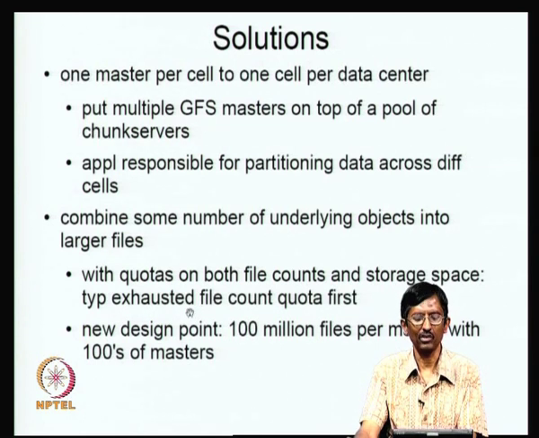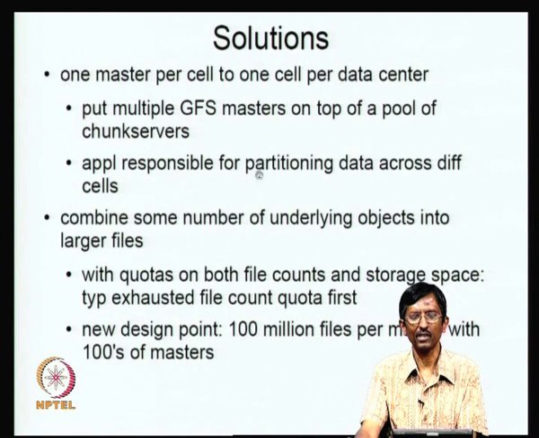So they have come up with a newer design point: 100 million files per master with hundreds of masters. These are the kind of new design things that I think are already available, I suppose. I don't know the exact details. Some of the details are not available right now, exactly what they have done. I think the new system called Colossus probably has all these issues taken care of.